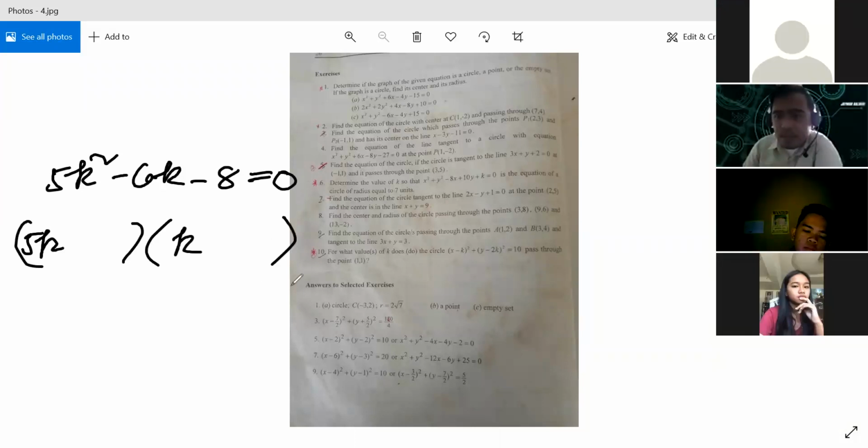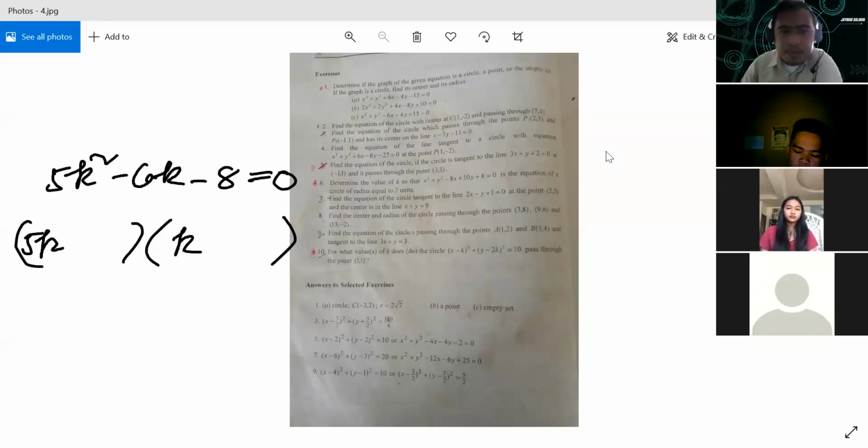Yes, Najib. Can we unmute your microphone? Najib: Open parenthesis, 5k plus 4 close parenthesis, then the other one, k minus 2.